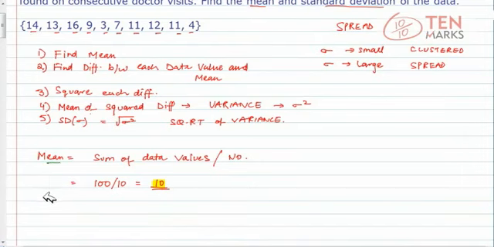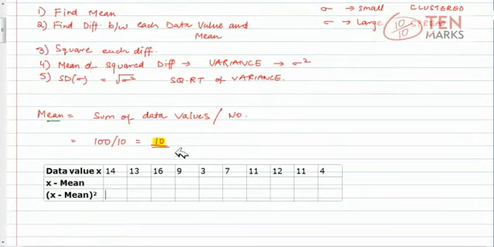To do that, let me insert a table. This table gives me all the data values listed, and I need to find x minus mean. If each data value is x, then I'm finding the difference between the data value and the mean by subtracting the mean from this data value.